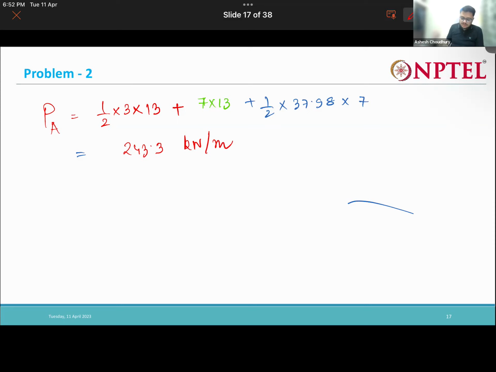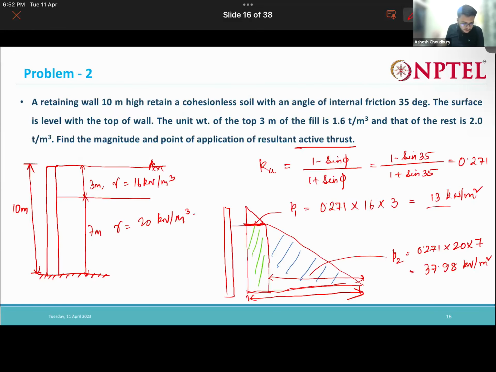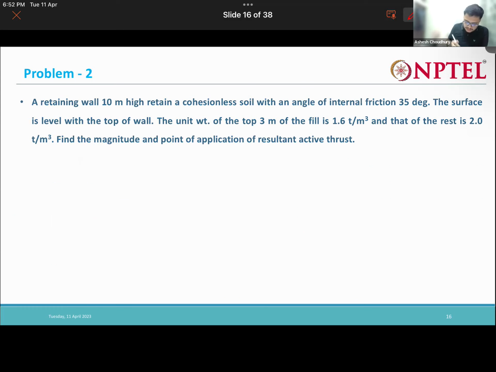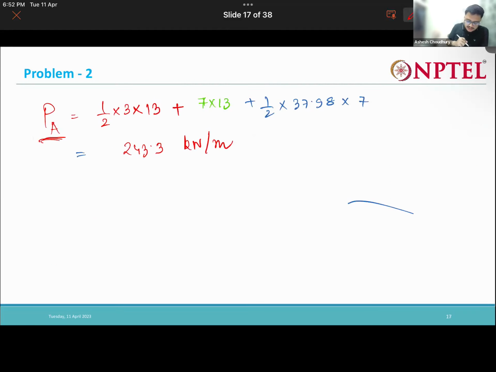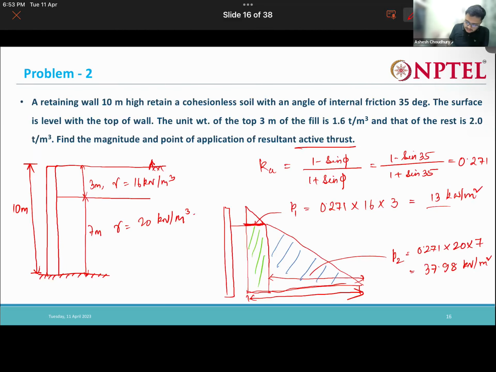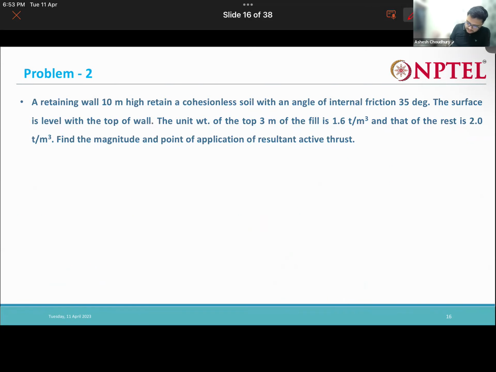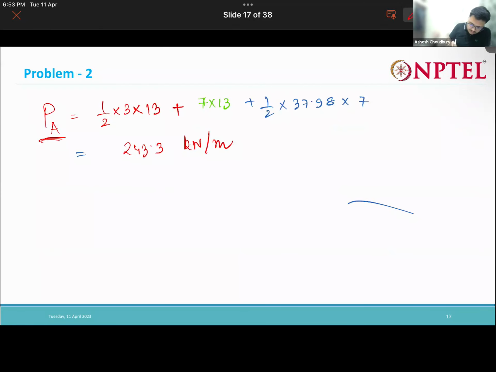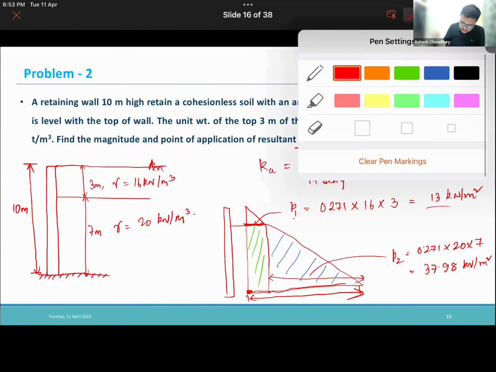Now what we need to do is determine the point of application of this PA. Where is this resultant actually acting? For that, we need to find out the centroid of this figure. So it's actually very easy. So let us determine the height from here.